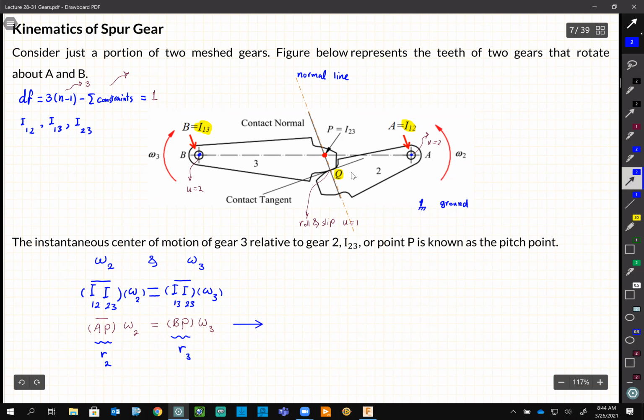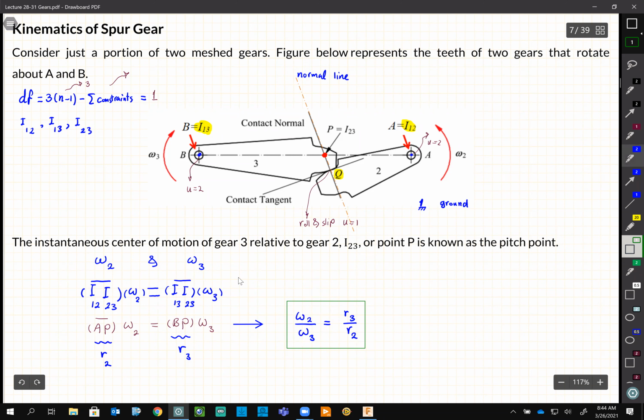So I can then conclude that omega 2 over omega 3 is R3 divided by R2. This is what we call the velocity ratio. You see the velocity ratio depends on the radius, and it's opposite to the radius, right? Omega 2 over omega 3 is R3 divided by R2. And it's not a magic formula. It comes from the instantaneous center, which we learned before.